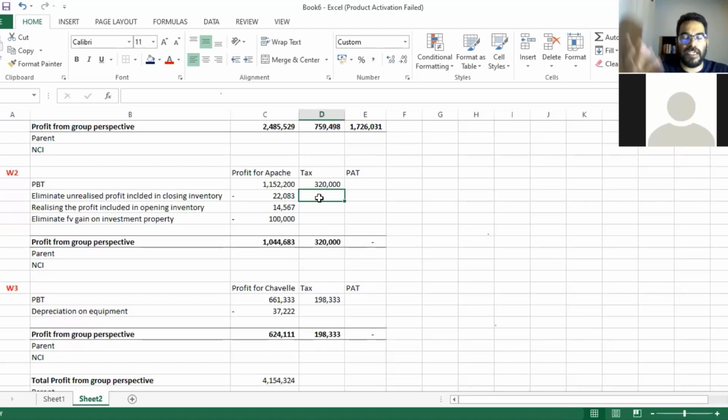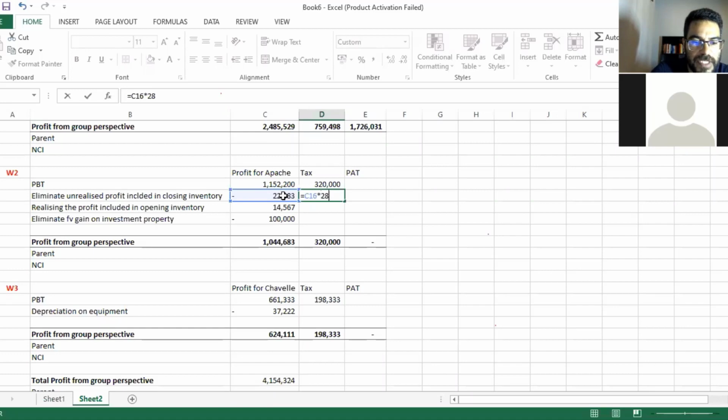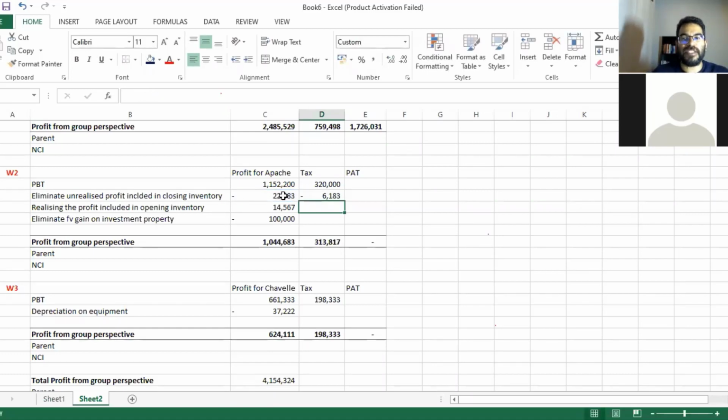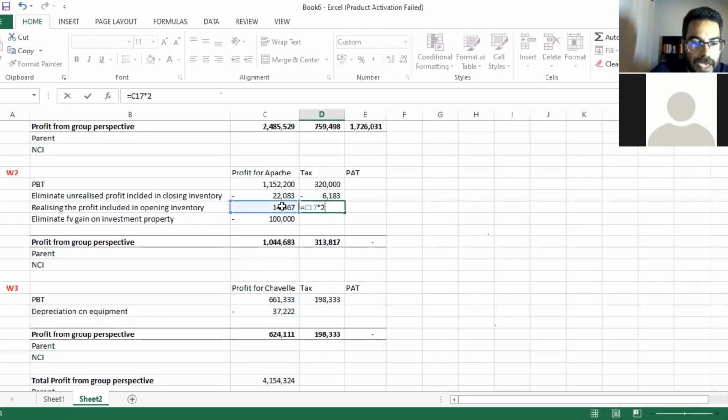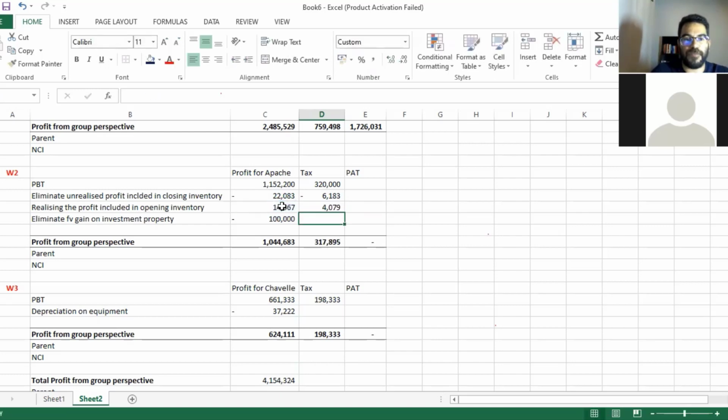Because profit decreases, I expect tax to go down. So I'm going to say that multiplied by 28%, my tax is going down. For the opening inventory, we are realizing the profit. Because profit goes up, we expect tax to go up. So we're going to say that multiplied by 28%.